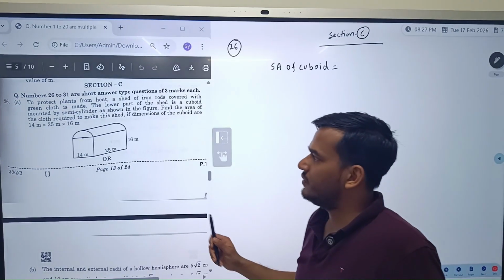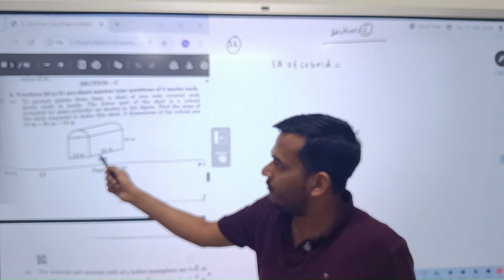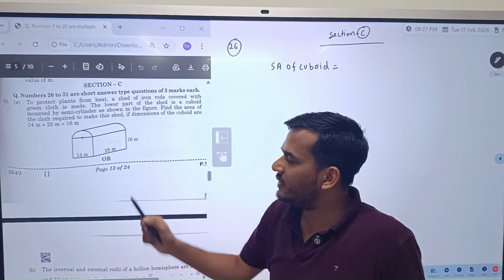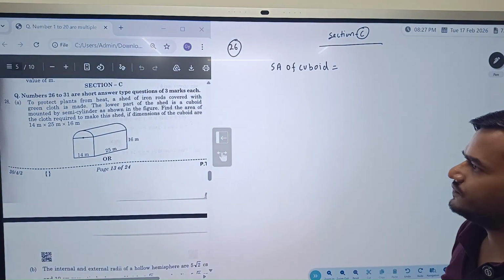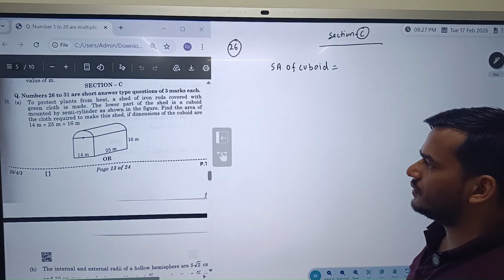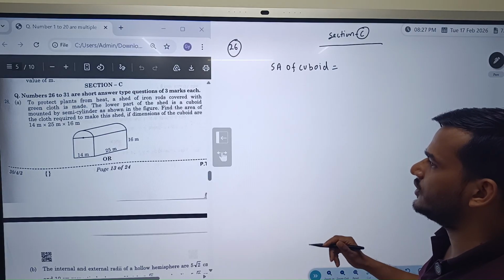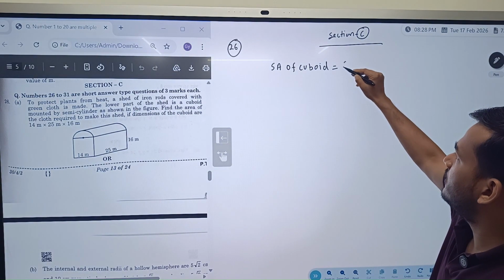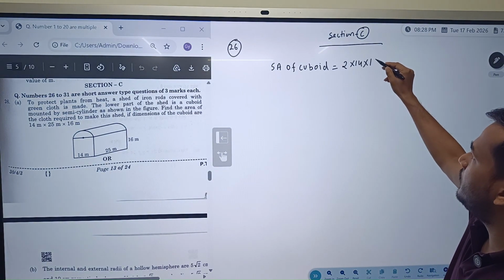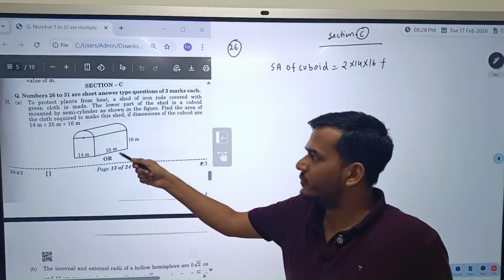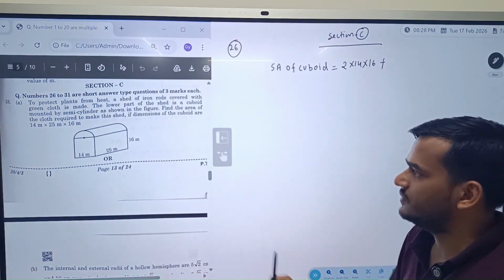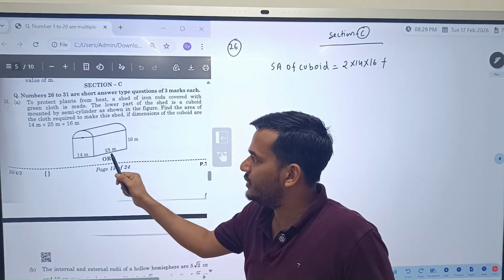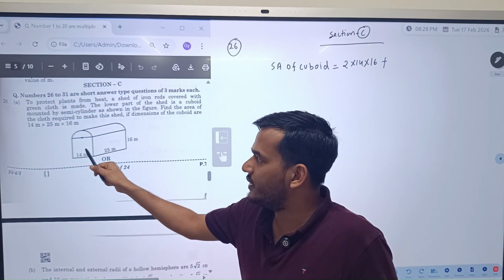That will be twice of 14 into 16, sorry, plus twice of 25 into 16. This surface is 25 into 16, this surface is 14 into 16.